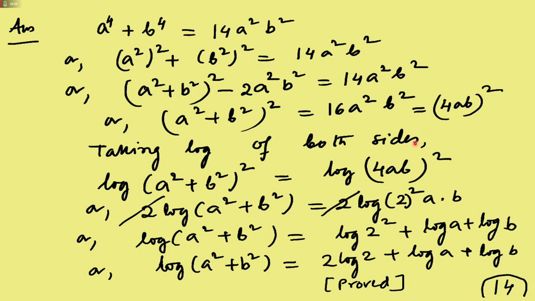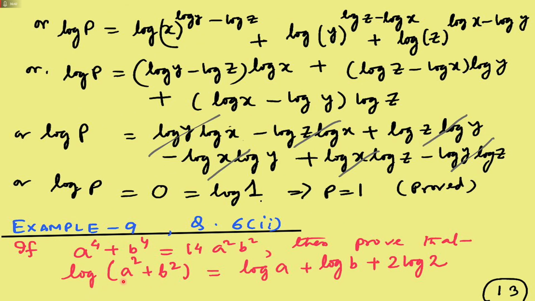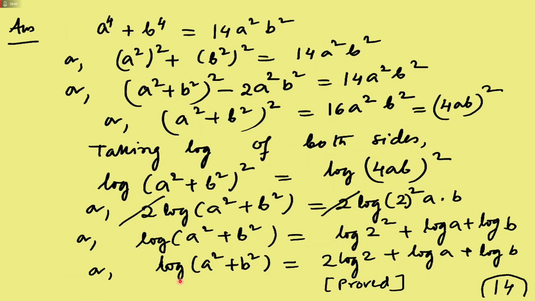Why are we taking log of both sides? Because you have to prove this type of relation, log of a square plus b square. It can only be found if you take log of both sides. So we have log of (a square plus b square) square, that means 2 log (a square plus b square), and this is log (4ab) square, that means 2 log 4ab, which I have written here as 2 square a into b. Now these two cancel each other, and we have log (a square plus b square), and this is the product rule.